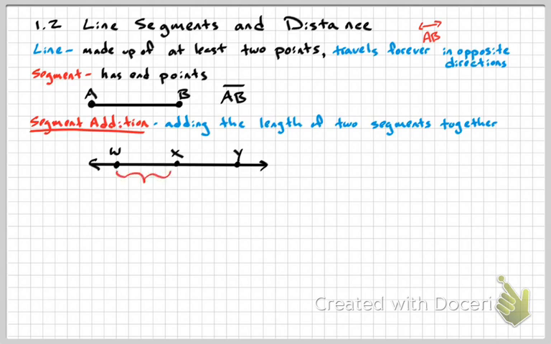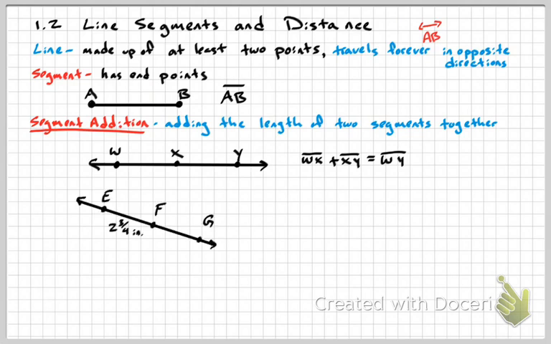There's segment WX, segment XY, and segment WY. So if I was to take the length of WX and the length of XY and add them together, so WX plus XY, that's going to give us the length of WY. So that is what we call segment addition, the process of adding 2 segments that are connected together.